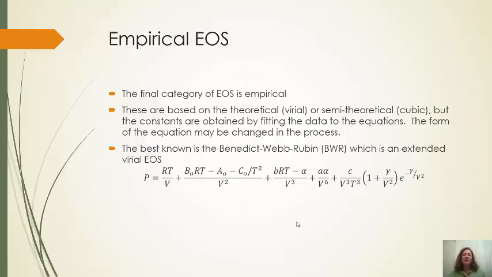There are many, many of these. The one that is best known is taking the virial equation of state form and trying to fit data, and it turns out that the Benedict-Webb-Rubin, BWR, is probably the best known of all of the empirical equations of state. There are actually empirical forms of Peng-Robinson, SRK, etc.